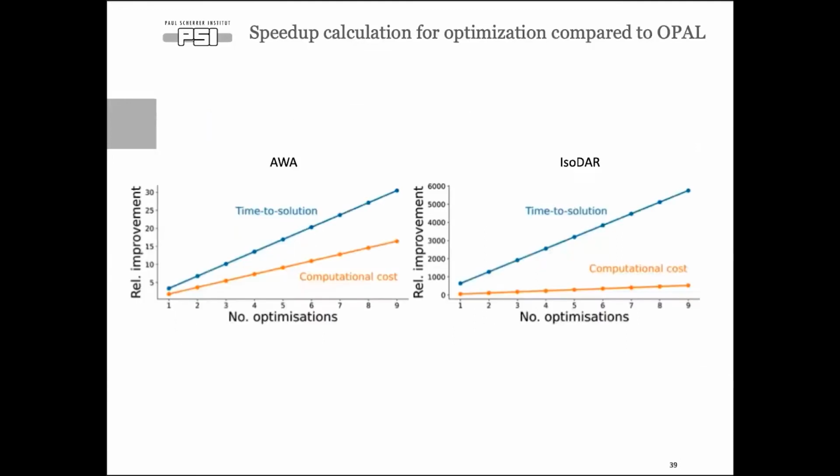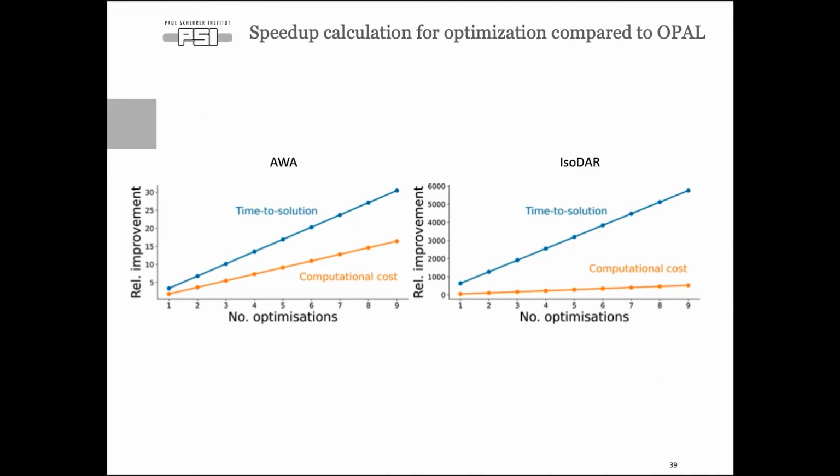So how does it look in terms of speed? Here we also compare our approach of solving the optimization problem with a surrogate model instead of using OWLE to solve the same optimization problem. And for the calculation of the time to solution and computational costs, we also included the time to train the model, so including the performed hyperparameter scan.